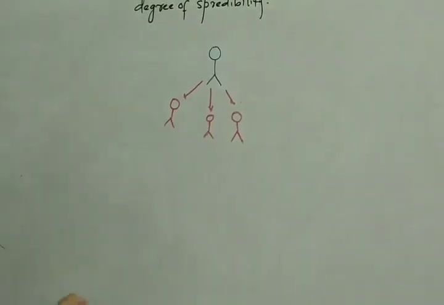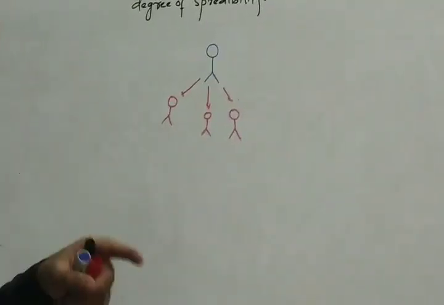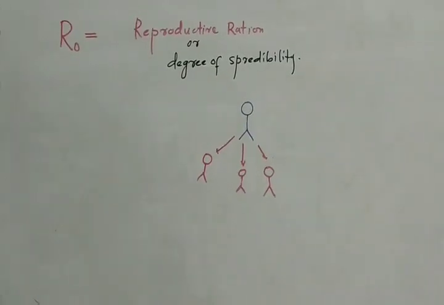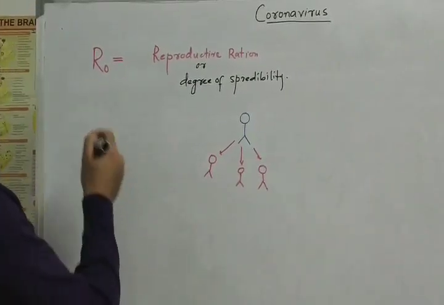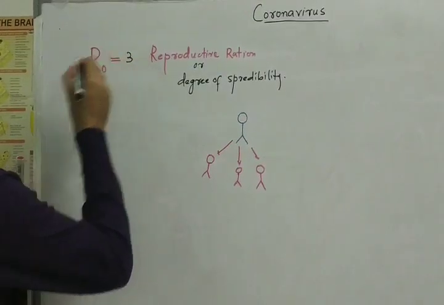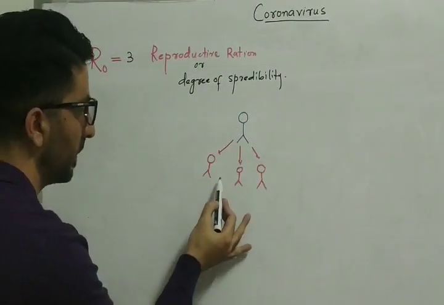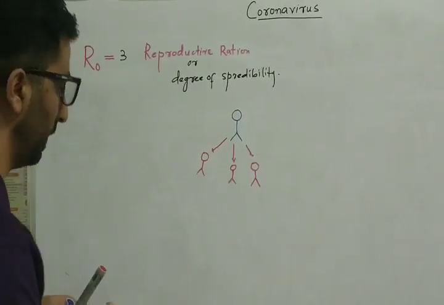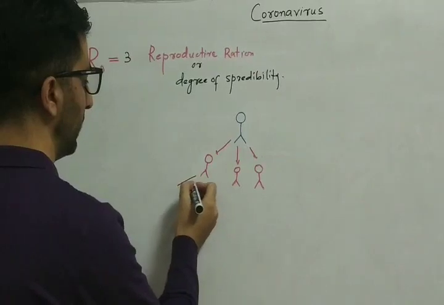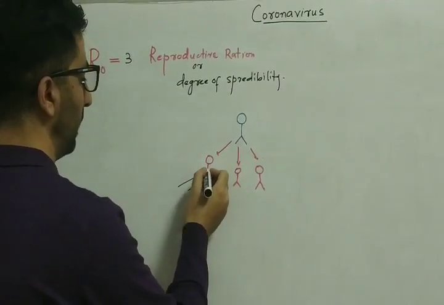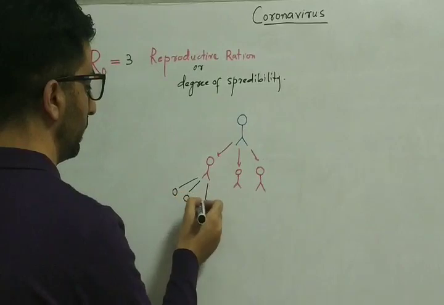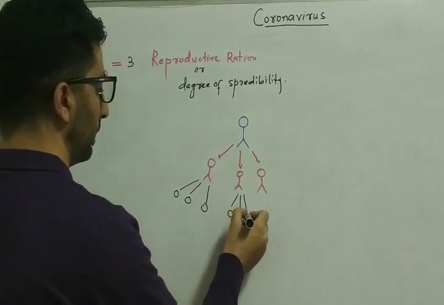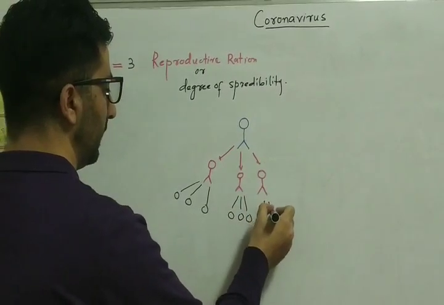If we talk about the R naught for the coronavirus, it varies from 2 to 20. Mostly it's 3. So the R naught for the coronavirus is 3. 3 means one person can infect 3 persons. This one also infects 3, this one also 3, this one also 3.